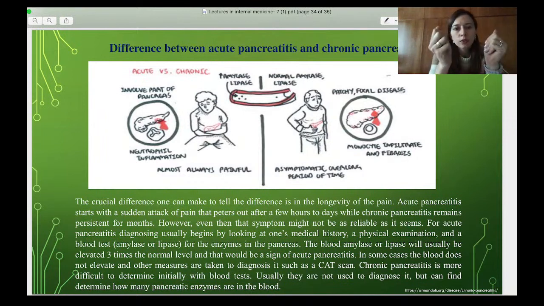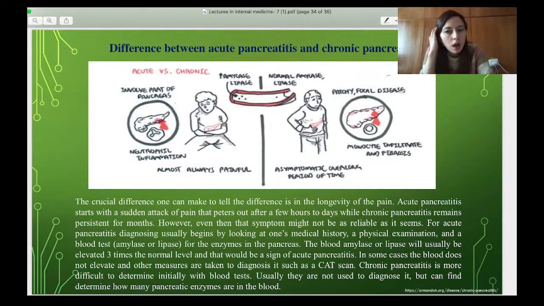And on this picture you may see the difference between acute and chronic. A patient with chronic pancreatitis has acute pain and similar symptoms.